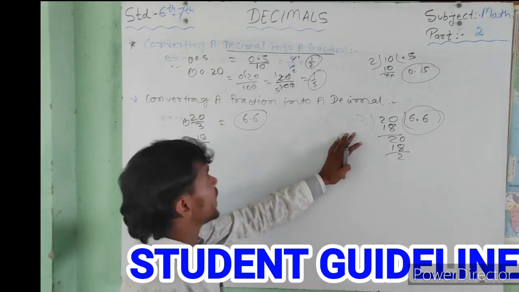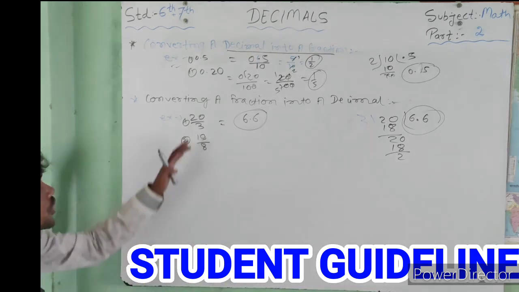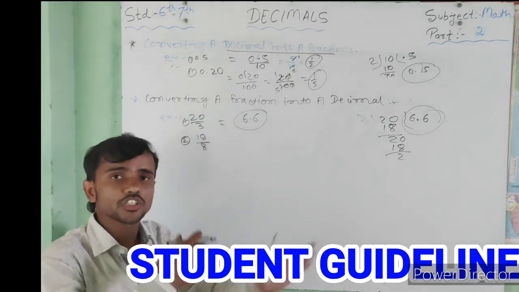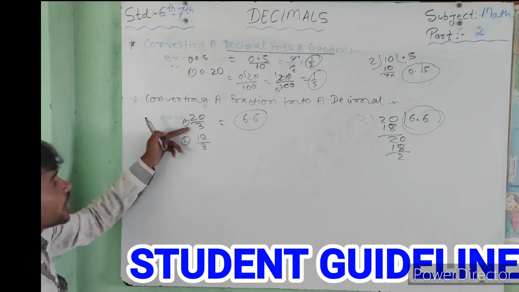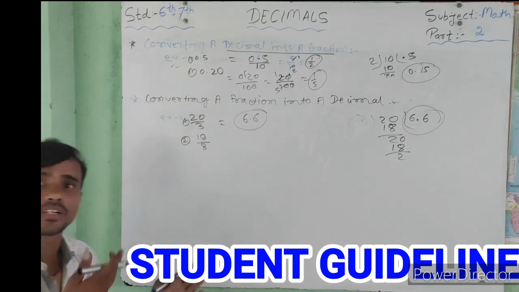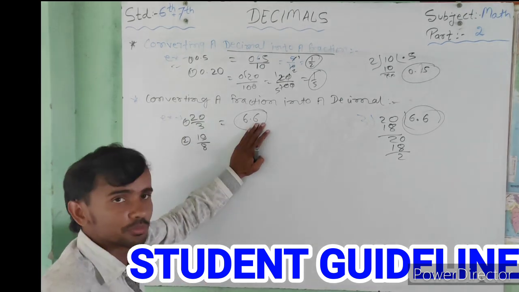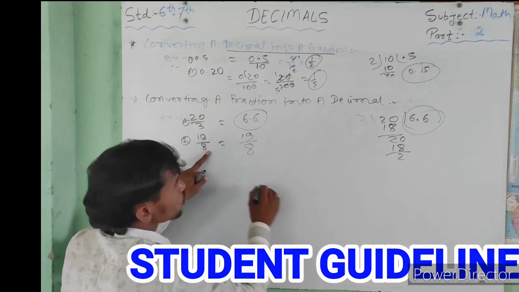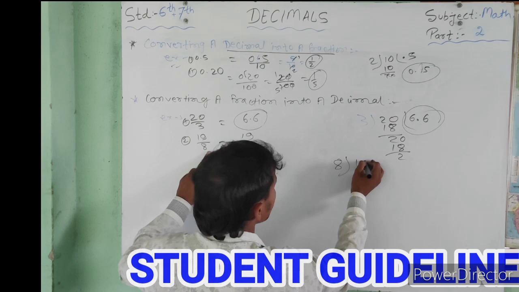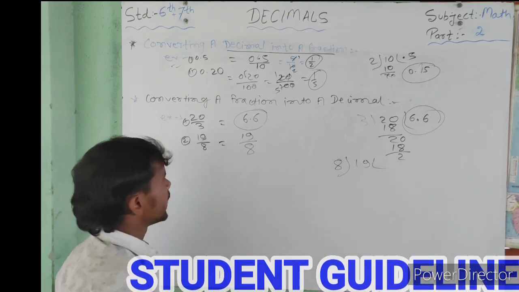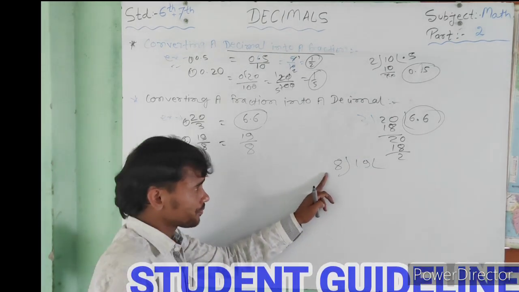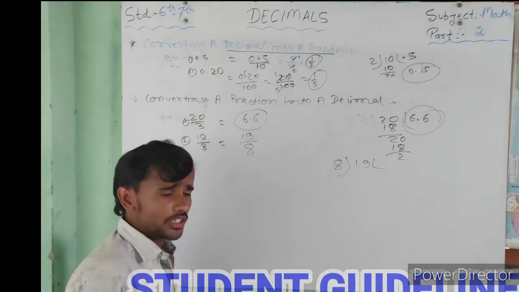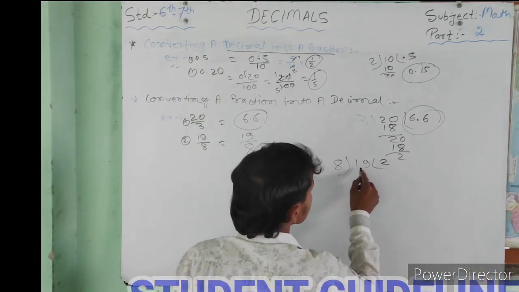So my dear students, when you convert any type of question from fraction into decimal, firstly you divide the numerator by the denominator. After that you get your answer in decimal point. Next, the example 19 by 8. So you divide 19 by 8. 8 twos are 16.